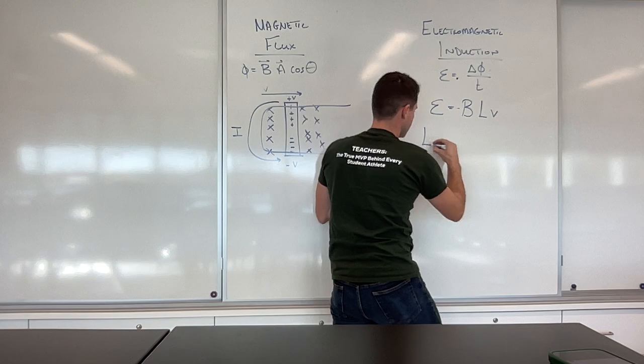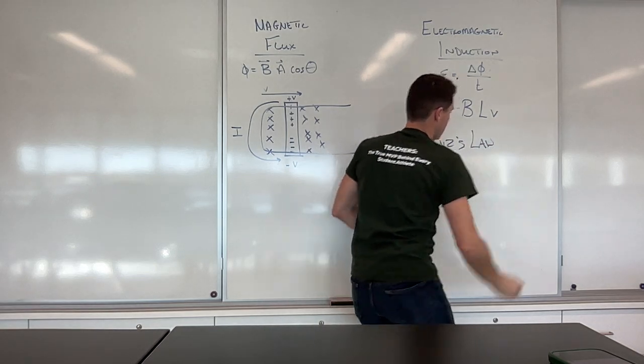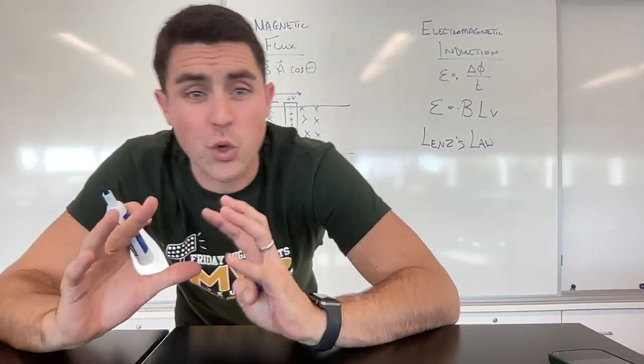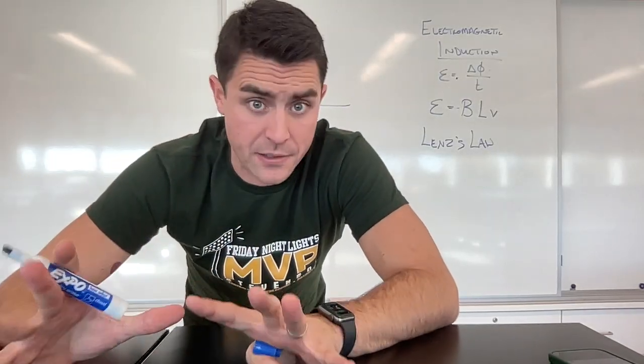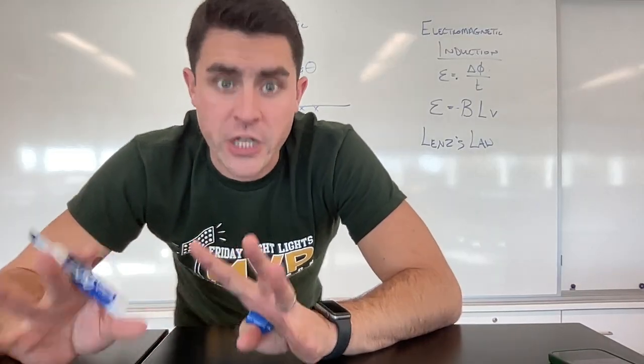Lenz's law is a method for us to predict which direction the current will go in as an object moves through a magnetic field. Check it out.